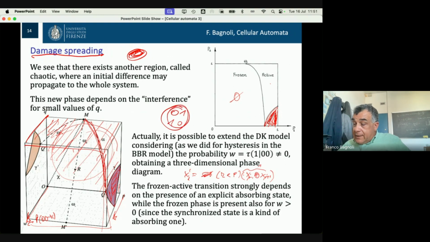Then you have to extract a random number to compare it with P, and if it is less than P, and this is 1, so this is 1. Or, going here, you extract a random number, you compare it with Q, and you have now a condition for which the two spins are ones. So this could be x_{i-1} times x_{i+1}.